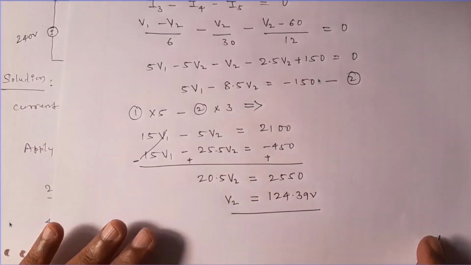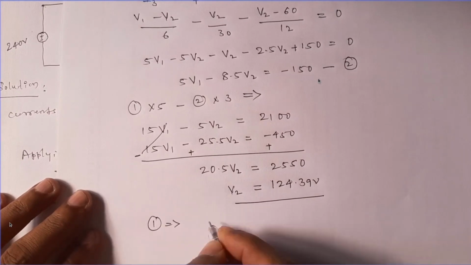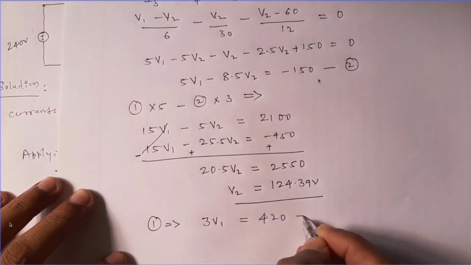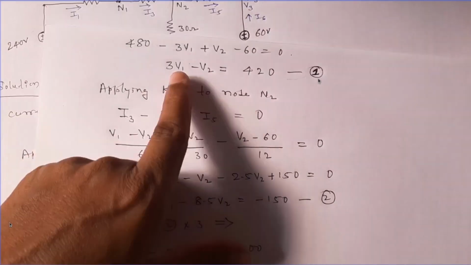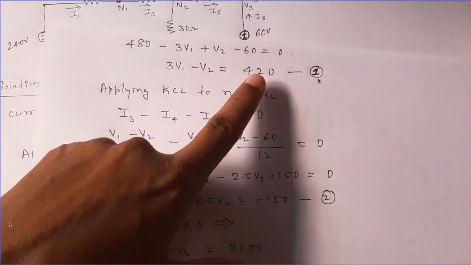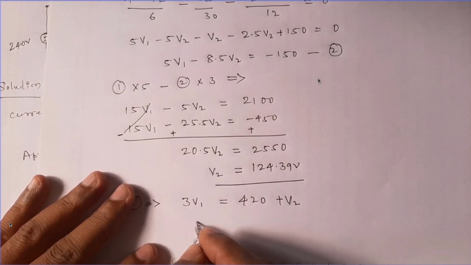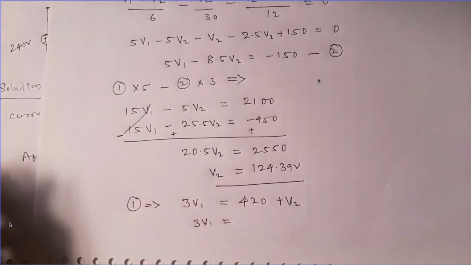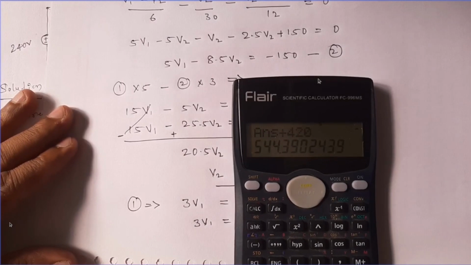So now, dear students, what can we find? We can easily find V1 by equation 1. Equation 1 implies 3V1 is equal to 420 plus V2. Since V2 is already known, V1 is 420 plus V2, divided by 3.